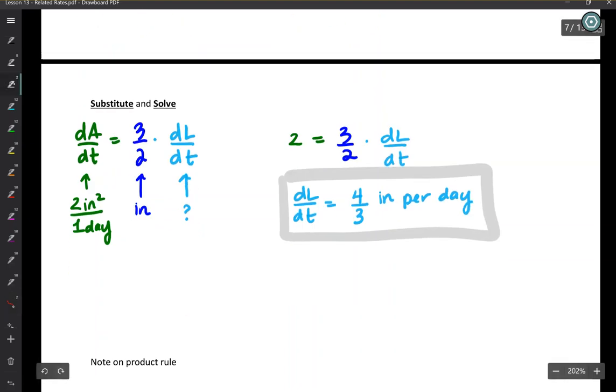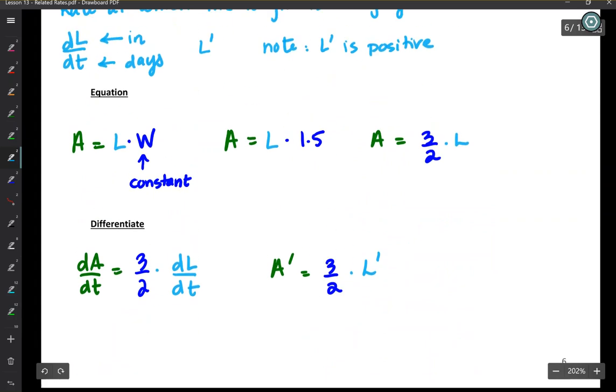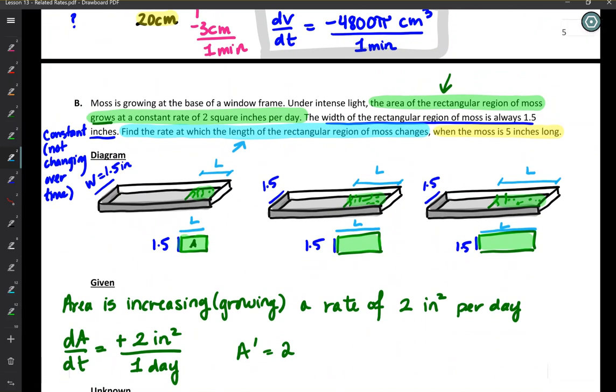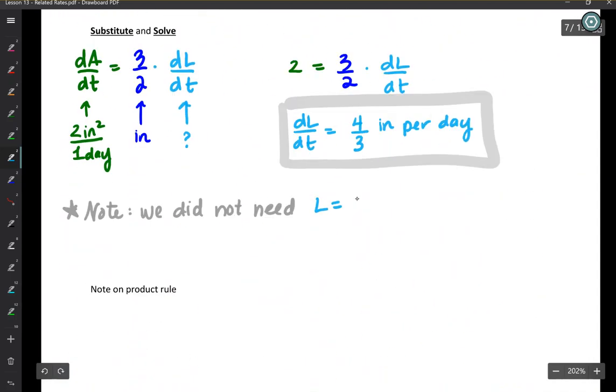So that's kind of interesting. We did not need to plug in that L being a constant, or find it at what moment in time, because it turns out this is happening in all moments in time, not just when the moss is 5 inches long. We didn't need that.